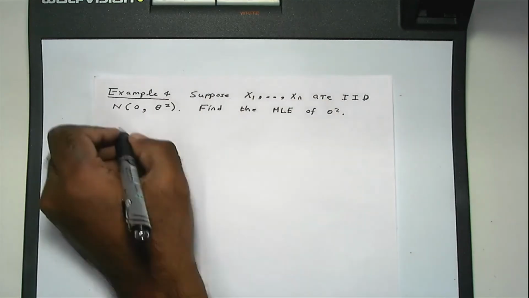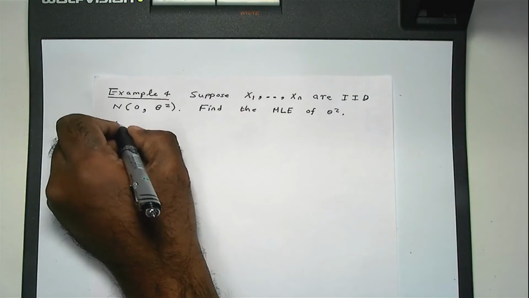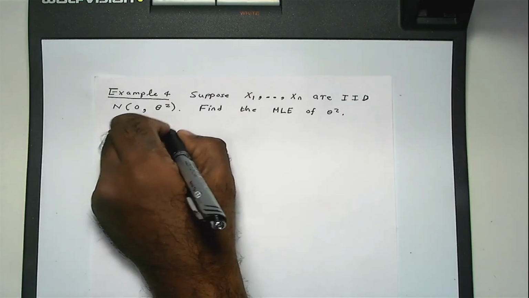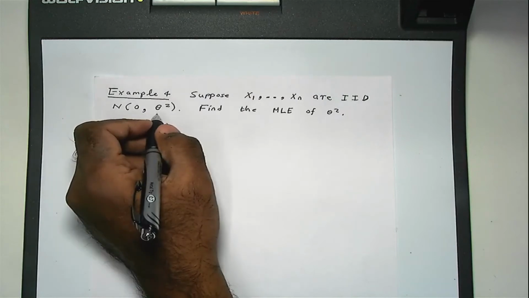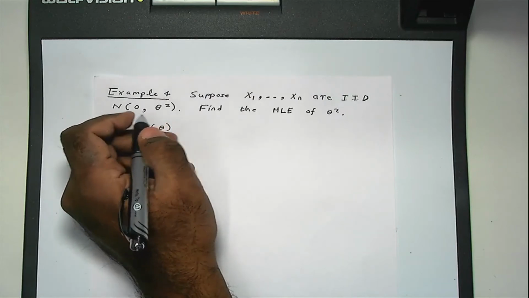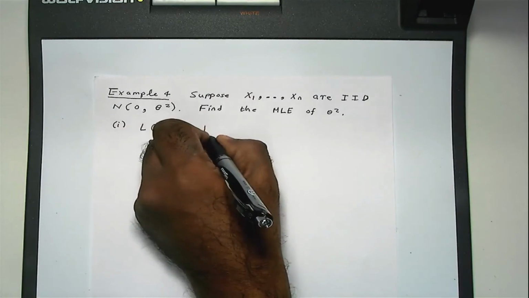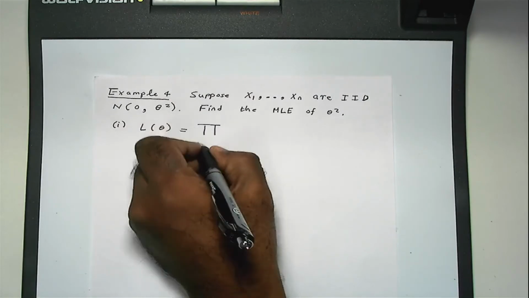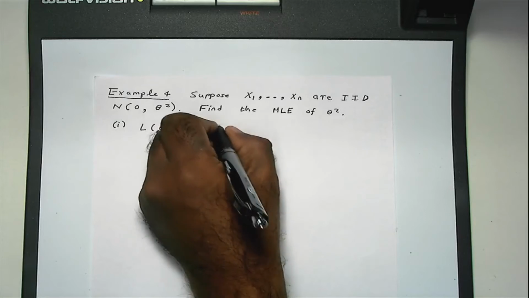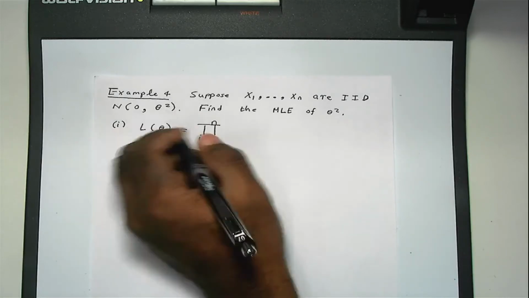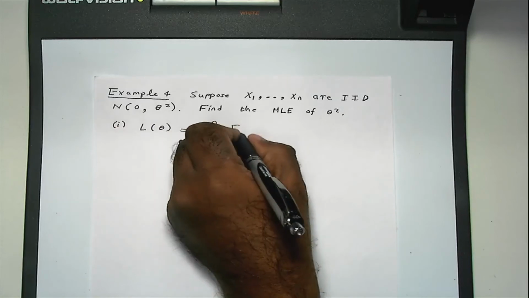So the first step is to write down the likelihood. Again, this is a continuous distribution, so you follow the steps for the continuous case. So this is the product of the density function for this distribution, which I'm sure you guys know.